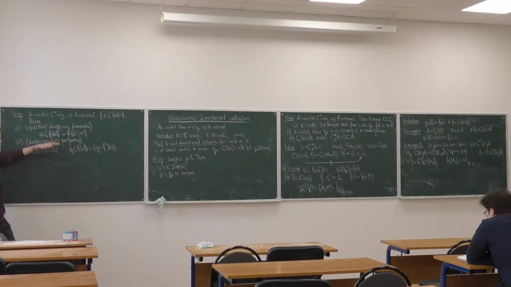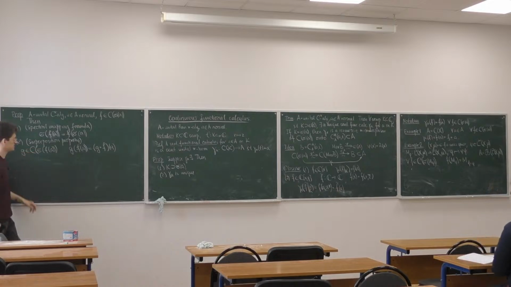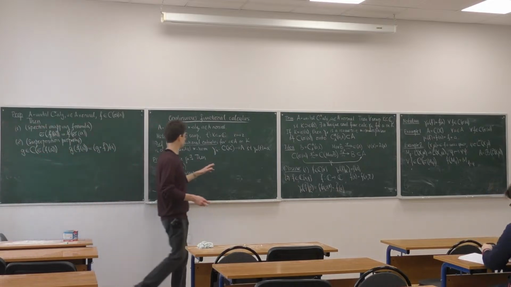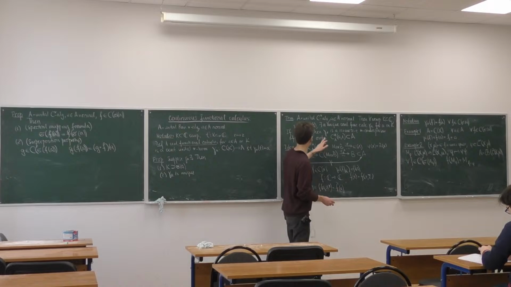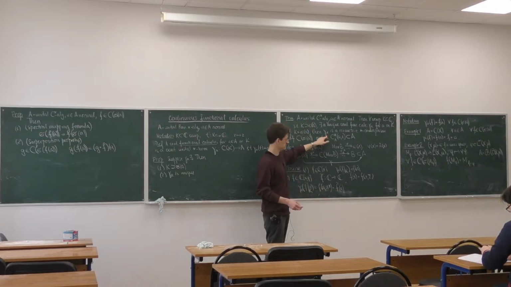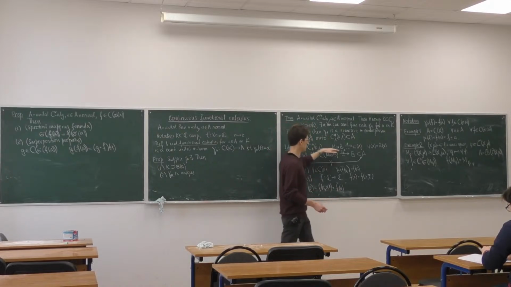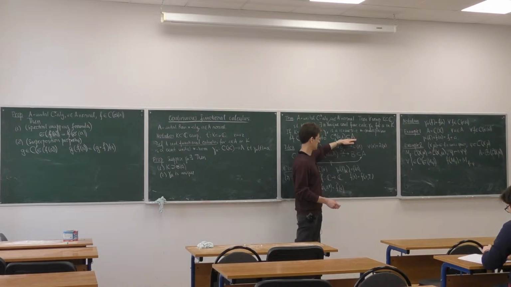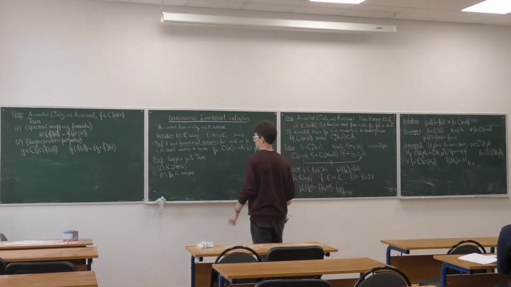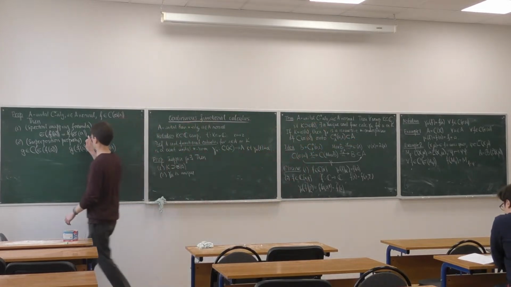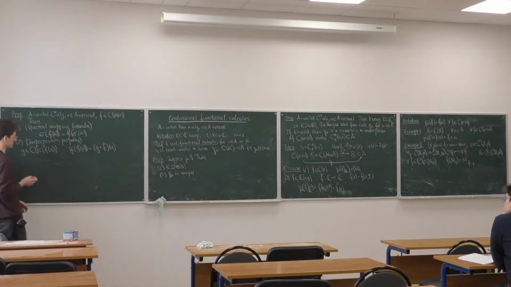Well, both results are rather simple. The first follows from the fact that gamma is an isomorphism of this algebra onto this algebra. And this is this closed star subalgebra in A, so it is spectrally invariant. And this easily leads to this equality.